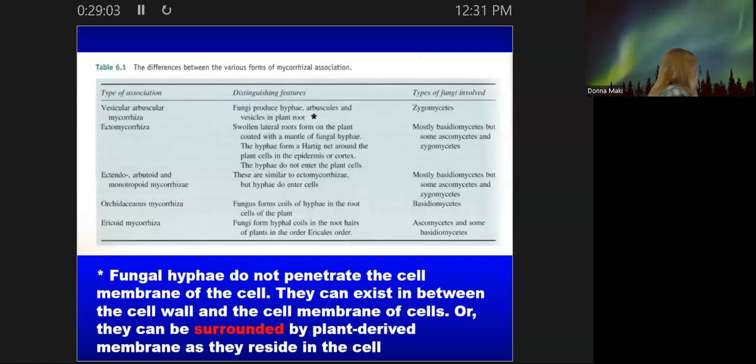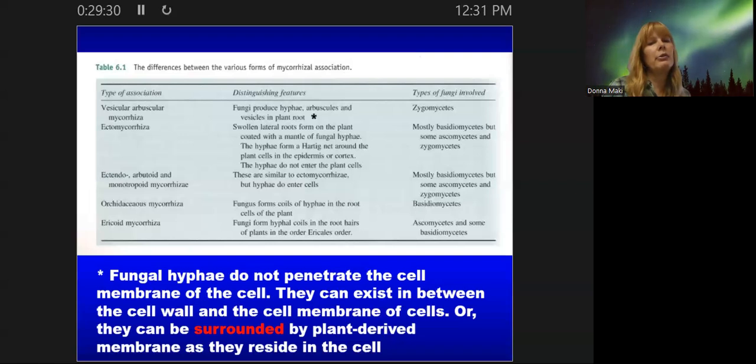So every study that they've done, all the beautiful electron microscope studies, you can show that the plant will engineer a situation where there's always a membrane, its own membrane, usually the cell membrane, surrounding any part of the fungal hyphae, so that the hyphae isn't swimming around freely in the cytoplasm, right? So that's a big deal.